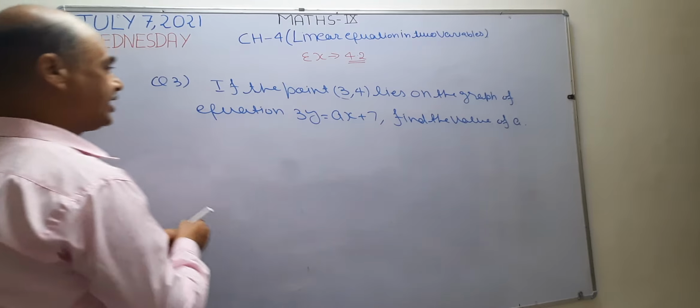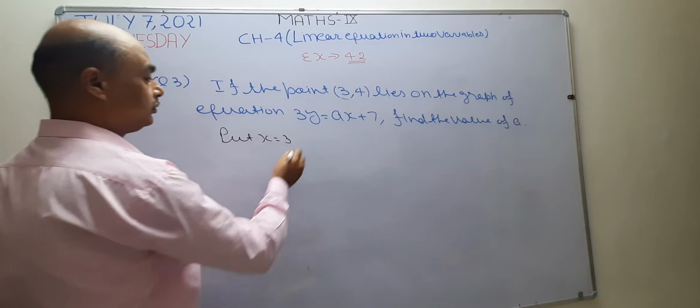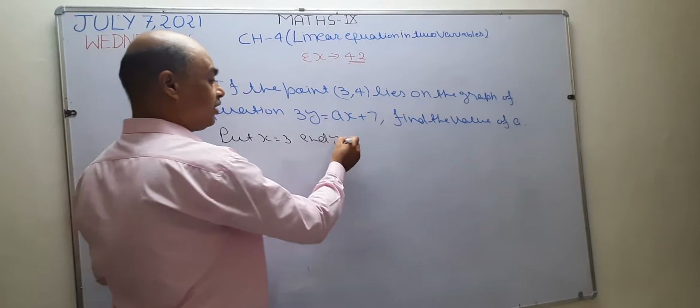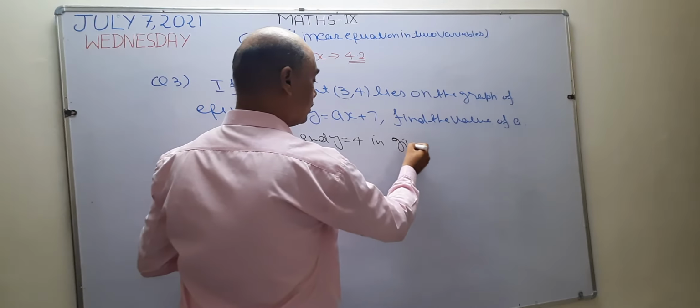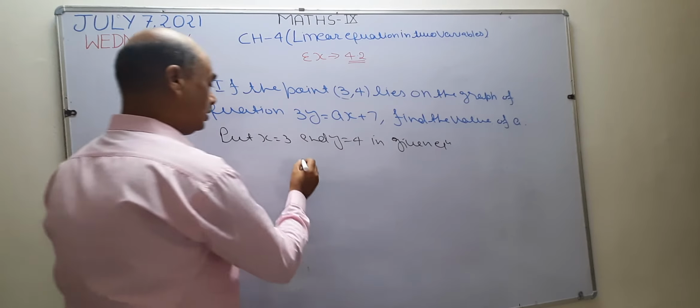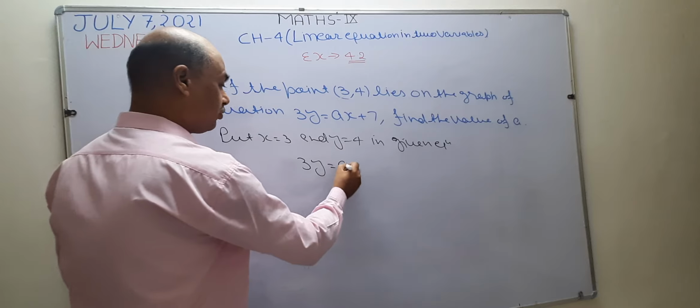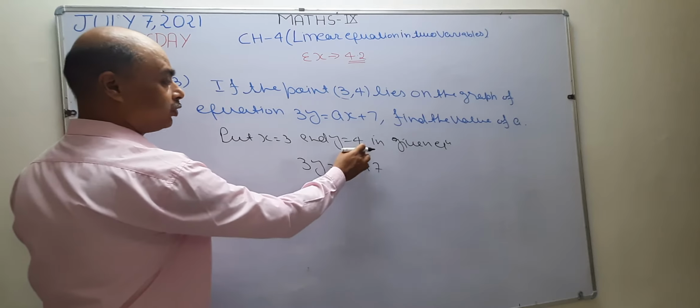Okay, so I write here, put x equal to 3 and y equal to 4 in given equation 3y equal to ax plus 7. Okay, so instead of y I am going to write 4.